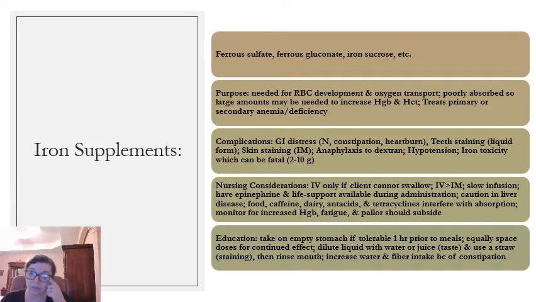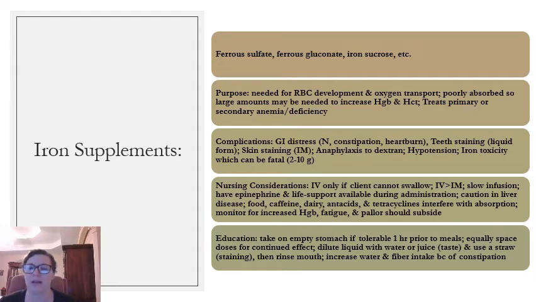So this is when we're looking at like a dose of like 2 to 10 grams, which is entirely too much. So we want to give this IV only if the patient cannot swallow. It's best to be absorbed through the GI tract. And if we have to give it not through the GI tract, IV is preferred over the IM route.